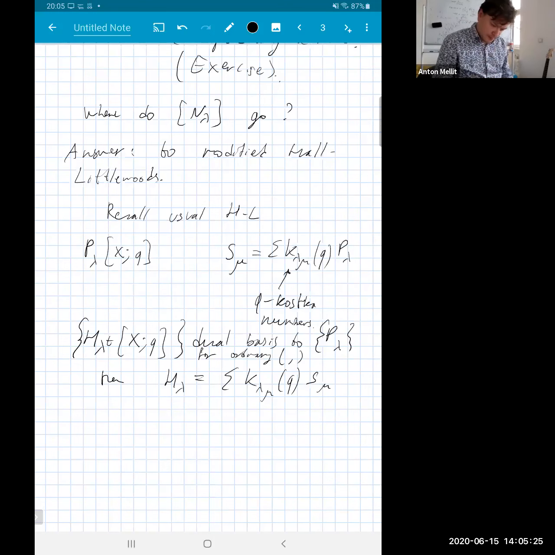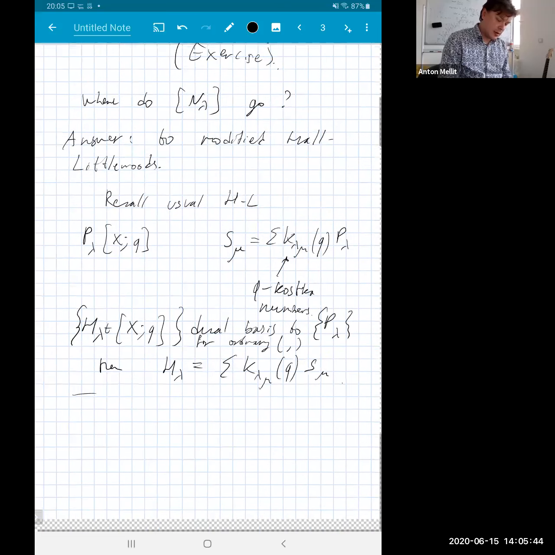Right, and so it turns out that these are the ones that control the images of the Hall-Littlewood polynomials of the actual nilpotent matrices.